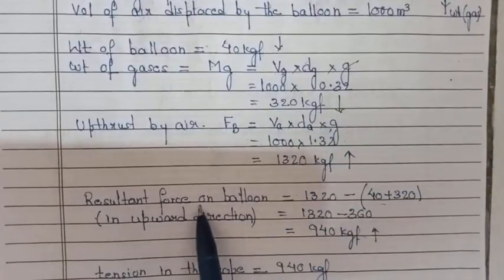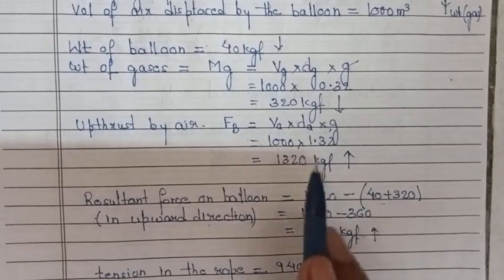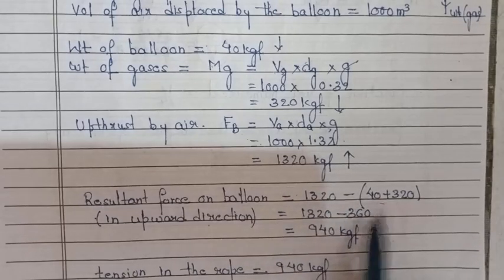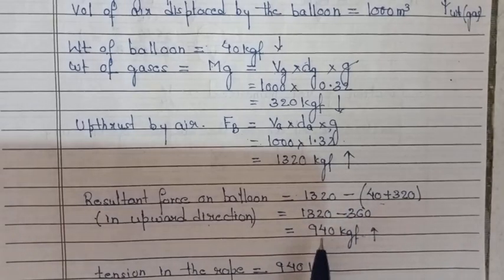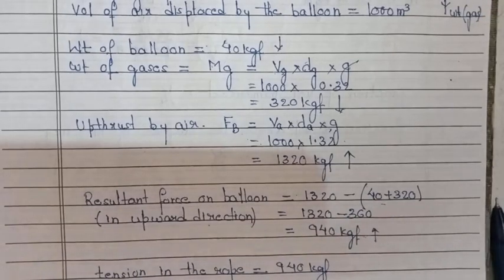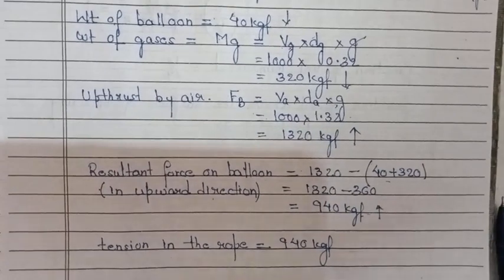Then we got the resultant because the forces were not in the same direction. The upward force was greater than the two downward forces. So from the greater one we have subtracted the two and we have got the resultant, and that resultant will be in the upward direction. So that will give you the tension in the rope. Hope this is clear to you now.